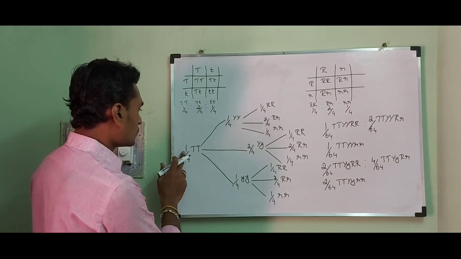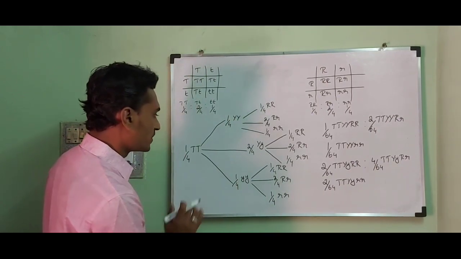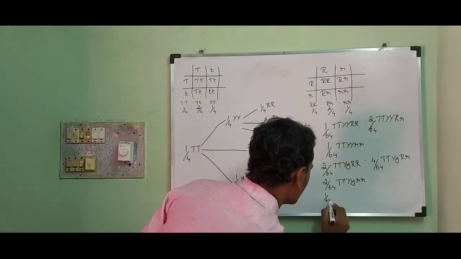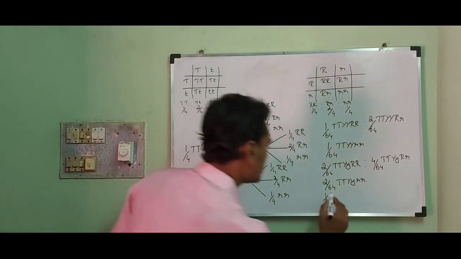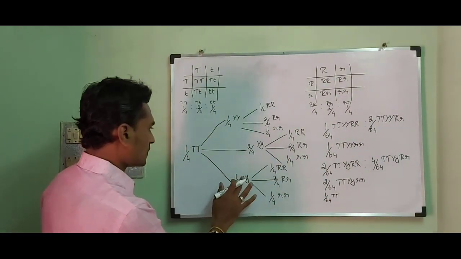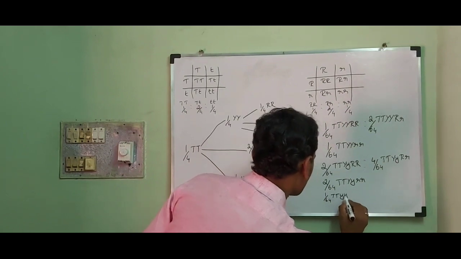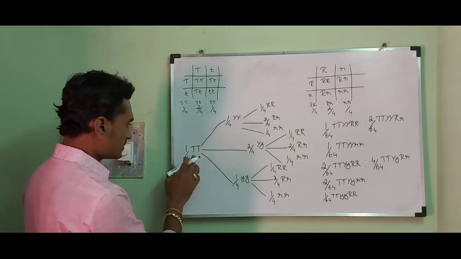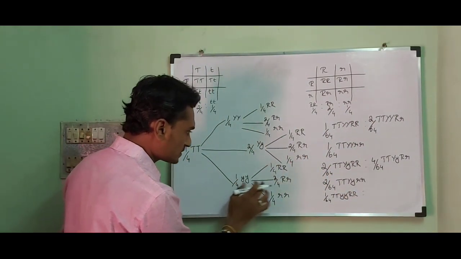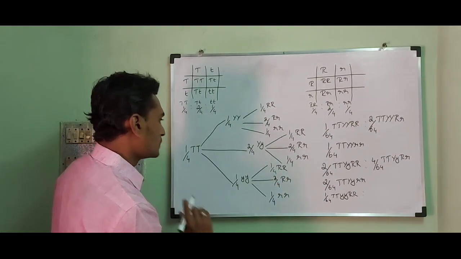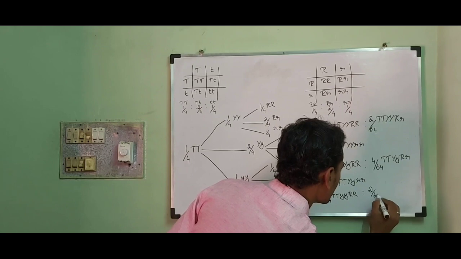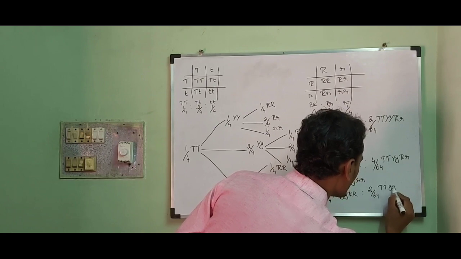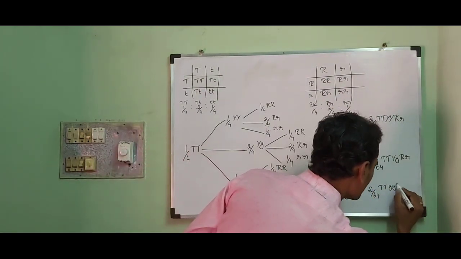Likewise, we are going to multiply this value with this value. So here we have 1 by 4, here 1 by 4, here 1 by 4, results in 1 by 64 capital T small y capital R. Then this value is going to multiply with this value, then this value. So here we have 2. So 2 by 64, capital T, small y, capital R, small r.